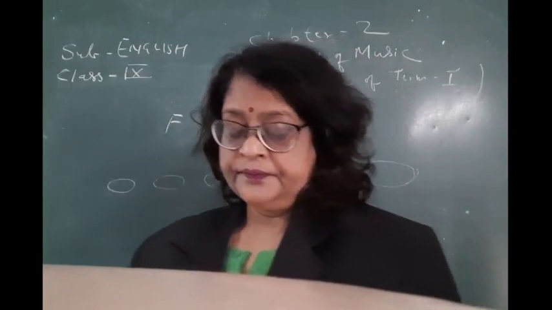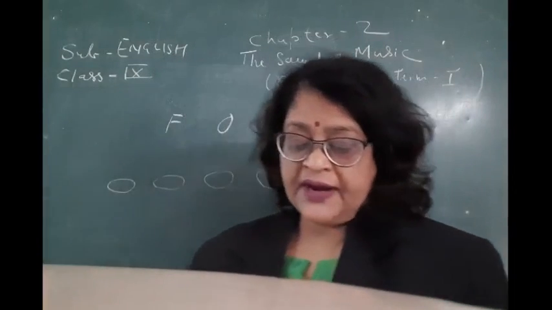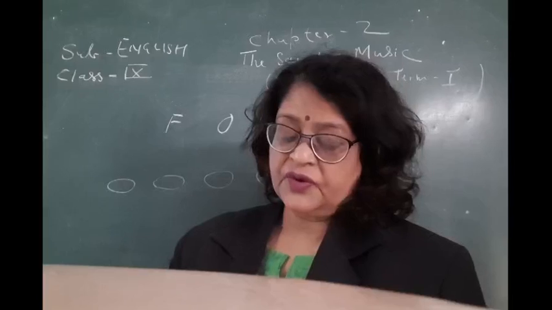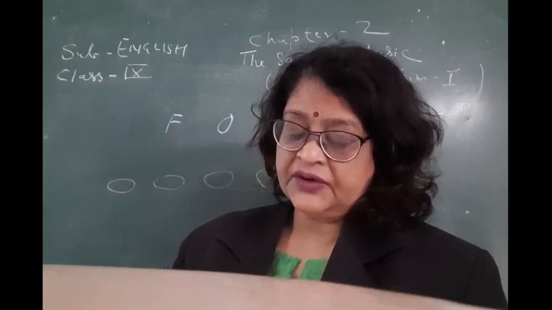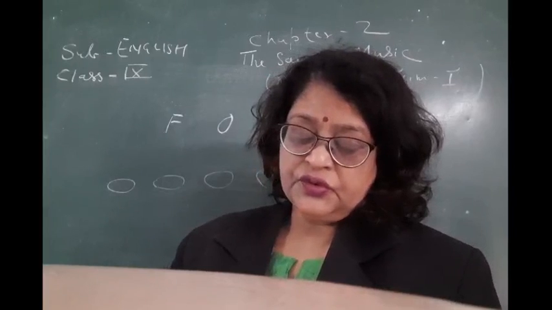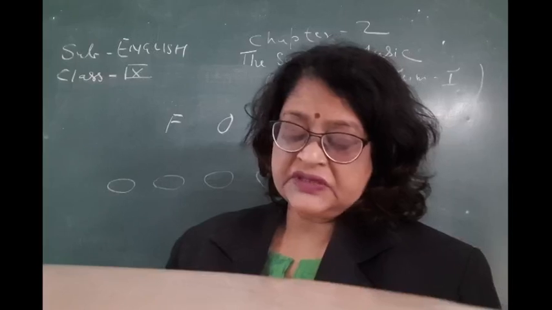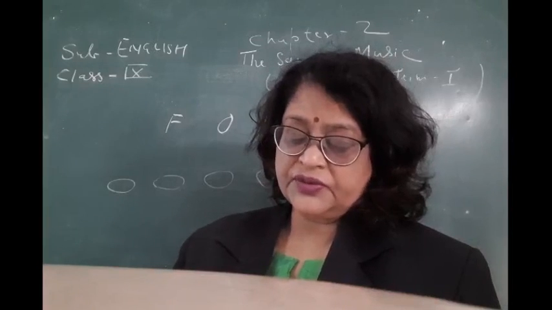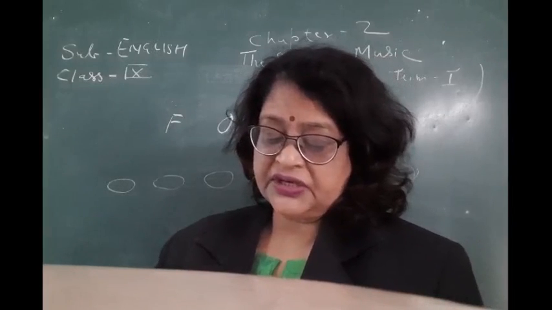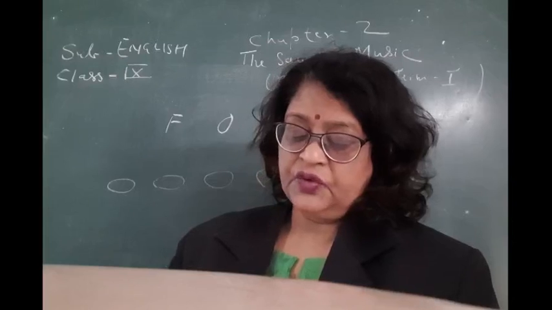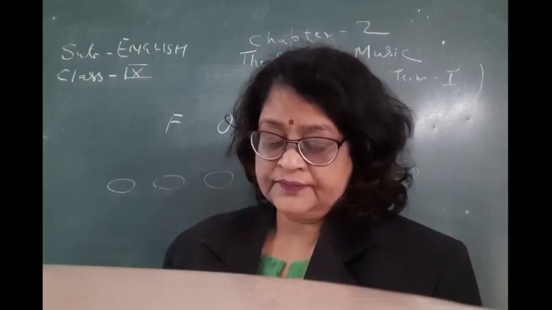So A is fact is 1, 3 and option is 2, 4. B is fact is 1, 3, 4 and option is 2. C is fact is 2, 3 and option is 1, 4. And D is fact is 3, 4 and option is 1, 2.